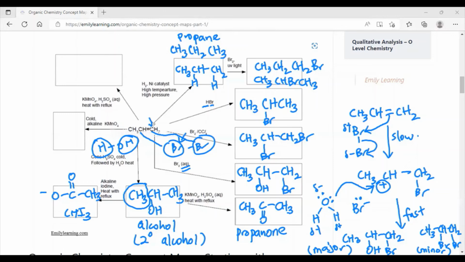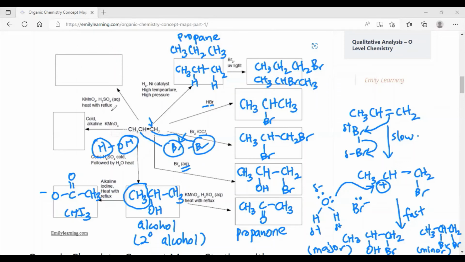Next, let's look at this reaction. Basically, these two reactions here are oxidation reactions. For your oxidation reactions, you have the mild oxidation, which involves reacting your alkenes with cold alkaline KMnO4, and basically what you get is a diol. Then you have your strong oxidation, which is an oxidative cleavage, where your C=C double bond will break.